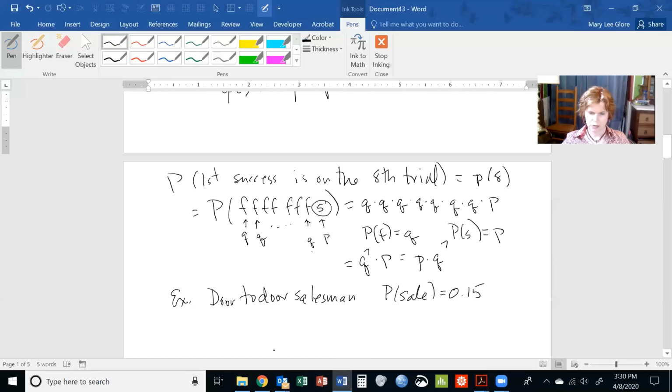So 15% of the doors that he visits, he makes a sale. And let's assume the sales are independent, meaning if he makes a sale at one door, that has no effect on whether he's going to make a sale at the next door.